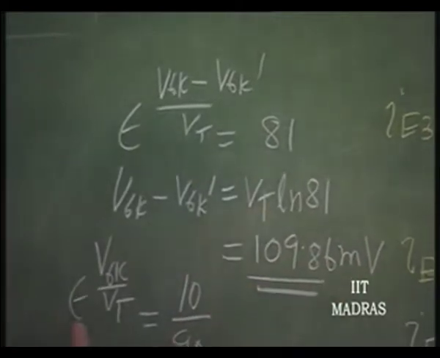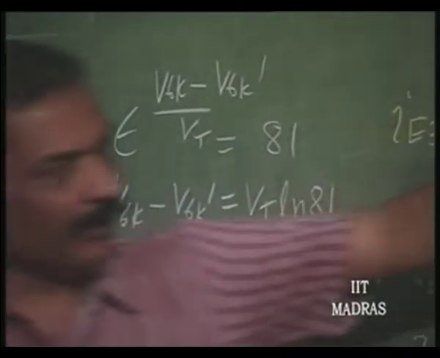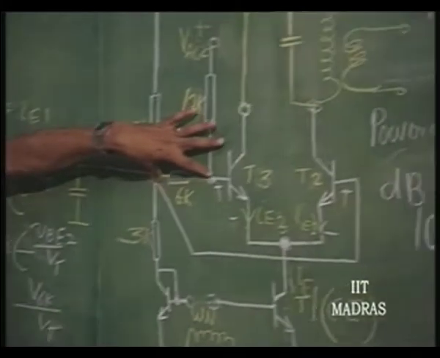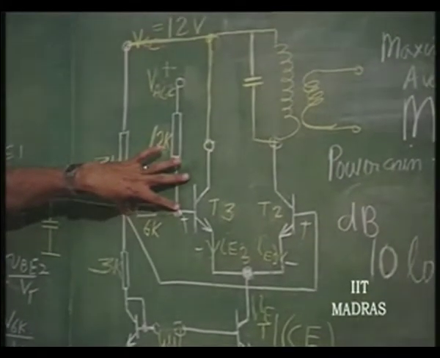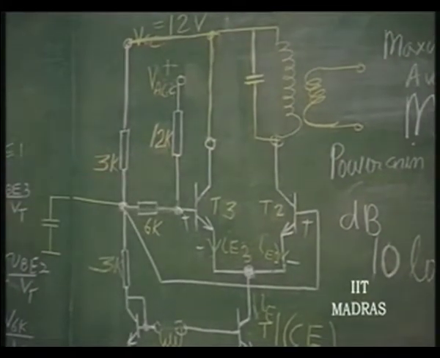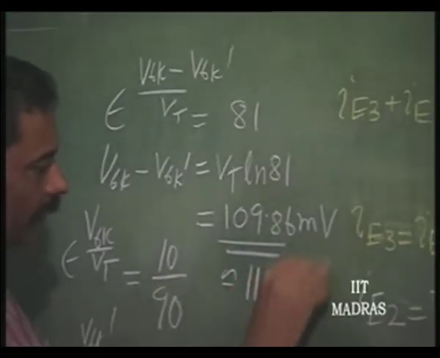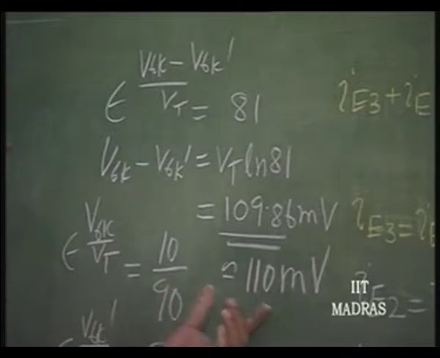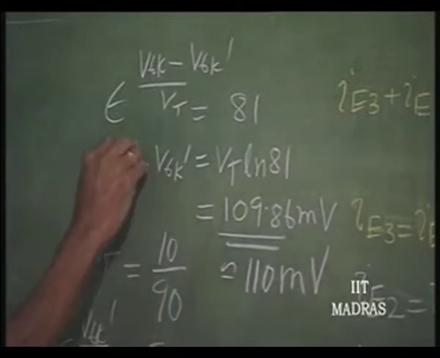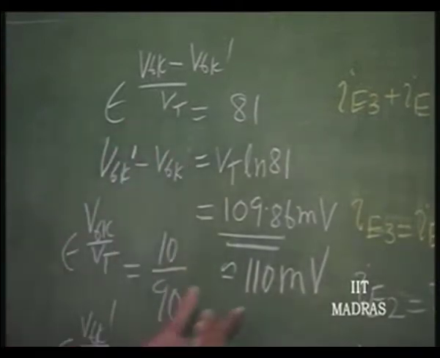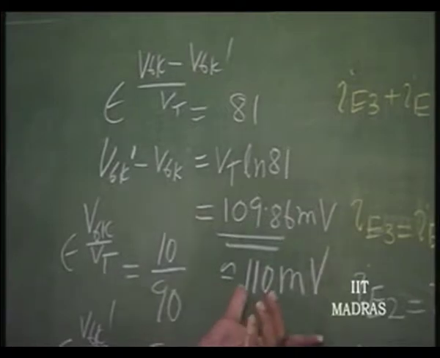So, the change in voltage necessary at the base is approximately 110 millivolts. V6k prime minus V6k is equal to 110 millivolts.